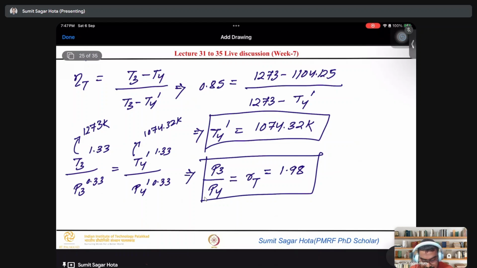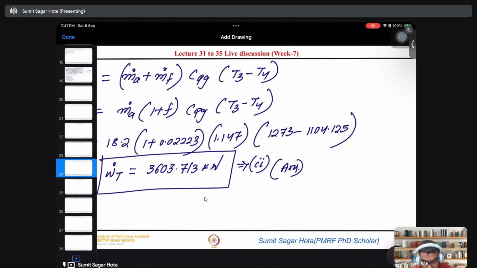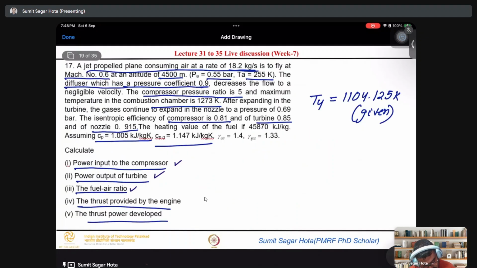So we need to calculate P3 by P4 dash. We know what P3 is already.